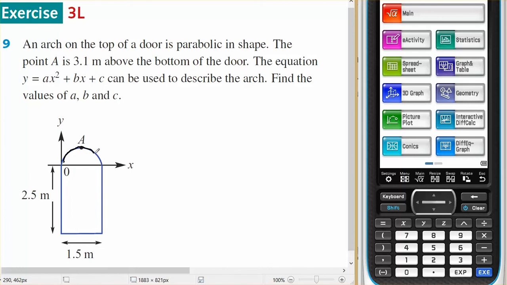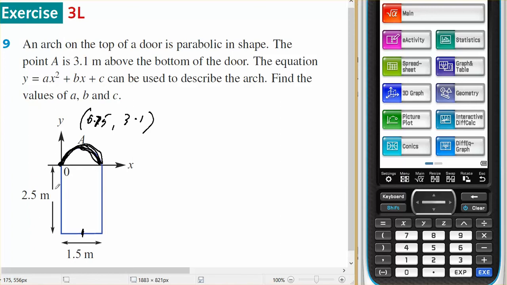This bit here is my parabola. That bit there is my parabola. And that point A is going to be, if I make that my axis, 3.1, and if it's parabolic it's going to be halfway there, so 0.75 will be its x coordinate. 0.75, a half of 1.5.